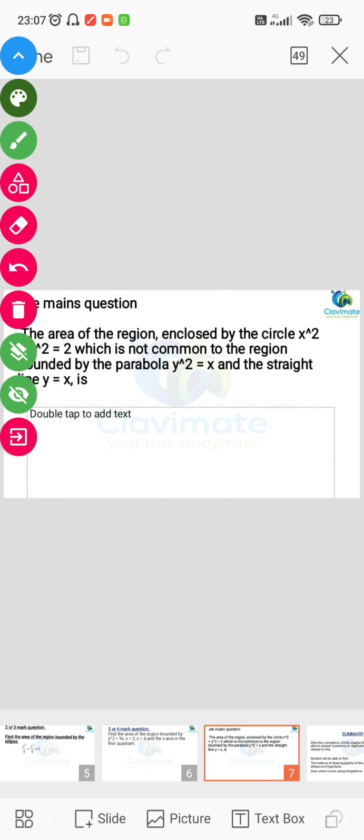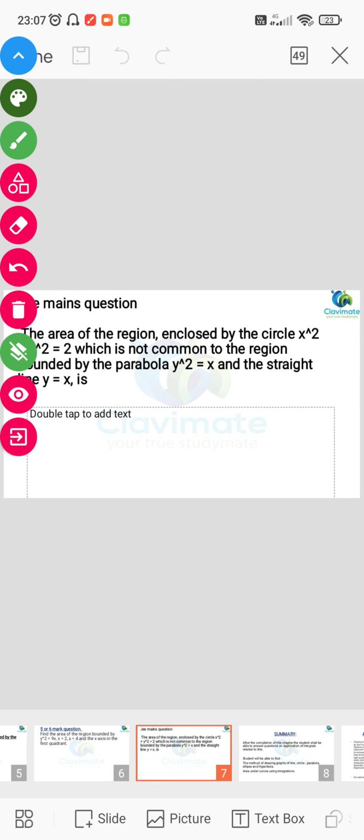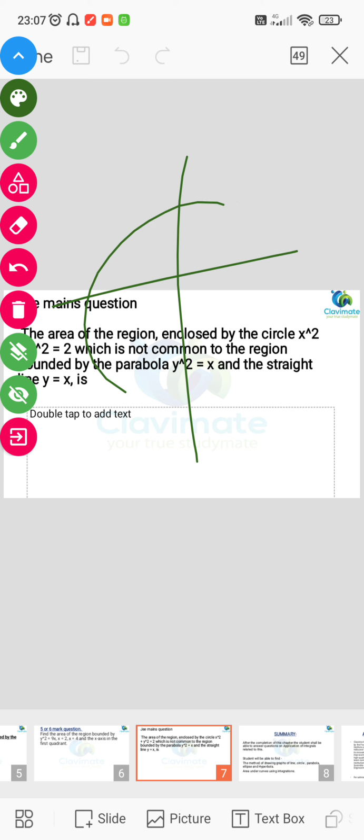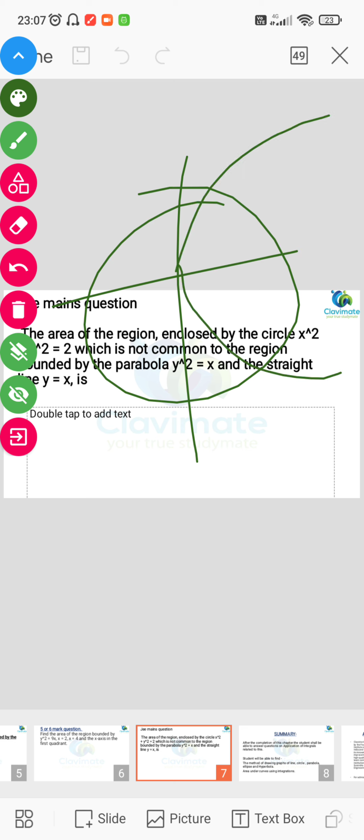I hope the solution of this question is now clear, and also the concepts used in the question are clear. So what we did, first of all we drew the figure of the circle and the curves y square is equal to x and y is equal to x, and we had to find the area not bounded by these regions.